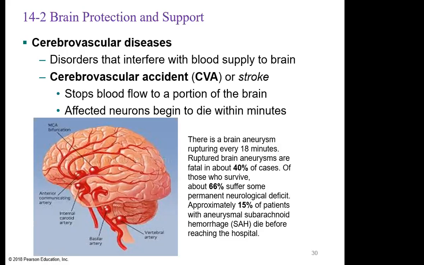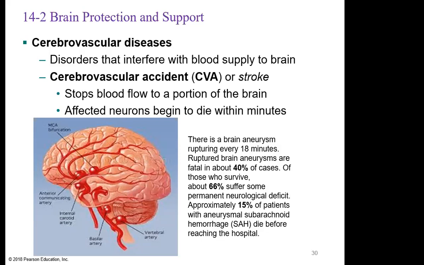F is for facial drooping. If you see somebody whose face starts to droop, especially if it's just on one side. A is for arm weakness. If all of a sudden they feel like they cannot move their arm, got to think about that. S is for speech. If they start slurring their words, they are no longer talking in coherent sentences.